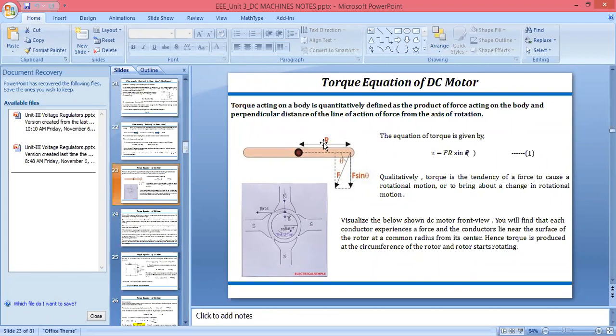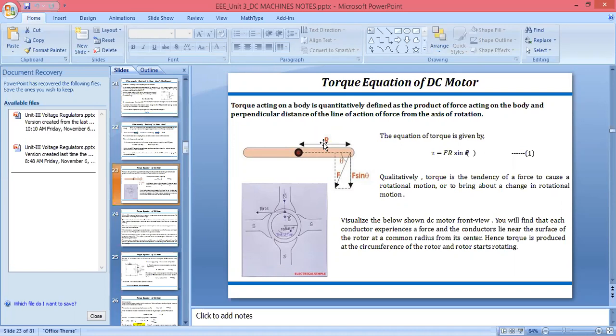Actually here we have to see the equation for the torque. Torque is nothing but the multiplication of force and distance. But how will you get the force? If there is magnetic flux, EMF gets introduced, and the rotor will rotate. The rotor is nothing but the armature.